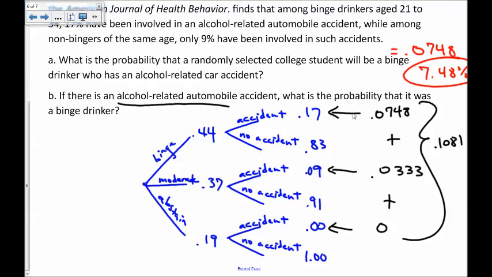And I'm looking out of those accidents, the probability that they were a binge drinker is this number, 0.0748, divided by the 0.1081 that I just found, and I find that 69.2. So 69.2% is this one over here. I'll go over here. Okay, almost 70% chance that they are someone who engages in binge drinking.